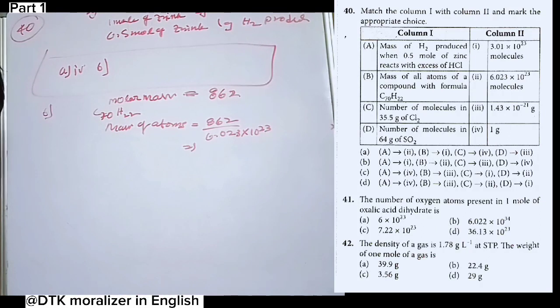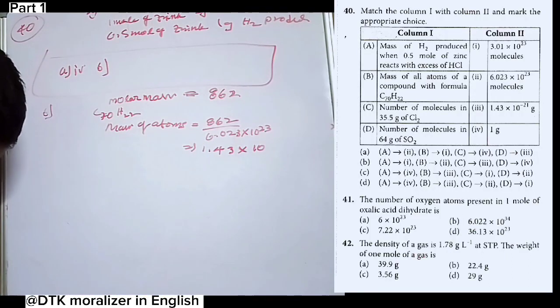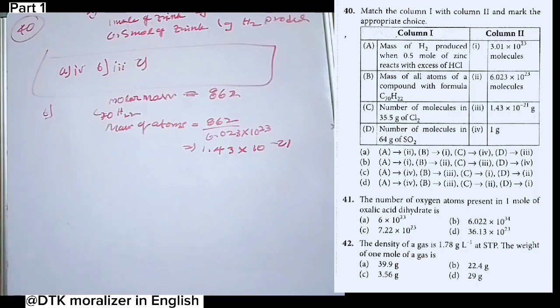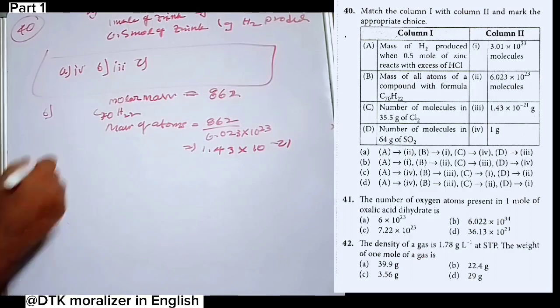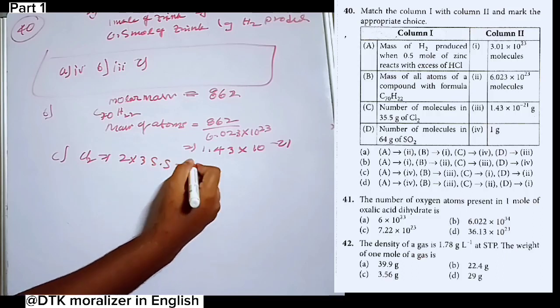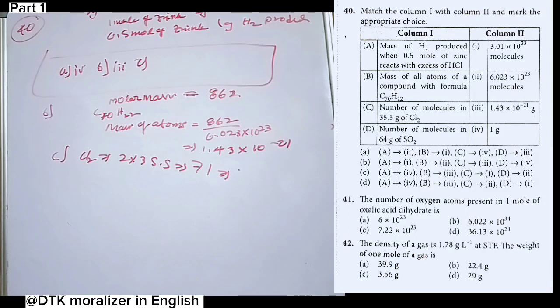Here the molar mass becomes 862. Mass of atoms 0.023 into 10 power... Na. So here 1.43 into 10 power minus 21 is the answer.